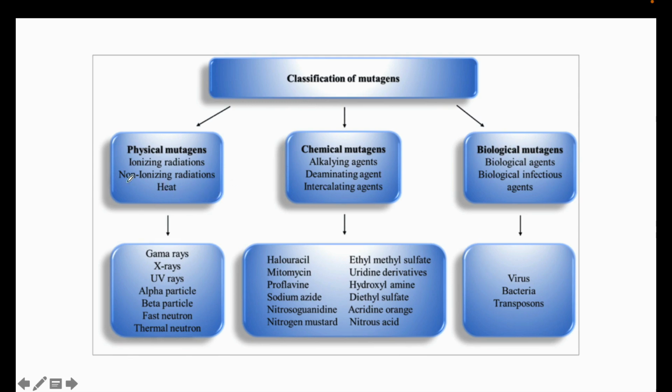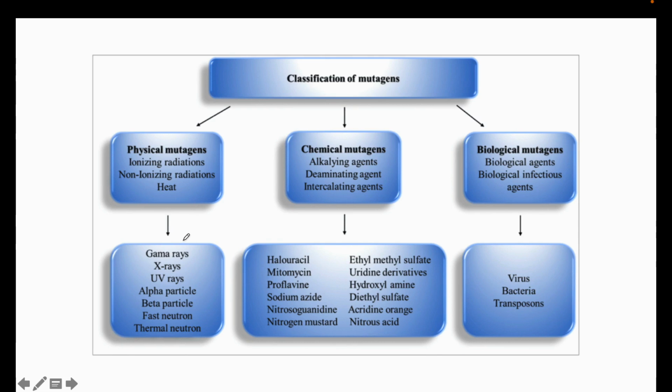In physical mutagens we have different ionizing radiations, which include gamma rays, UV rays, alpha particles, beta particles, etc., and non-ionizing radiations.